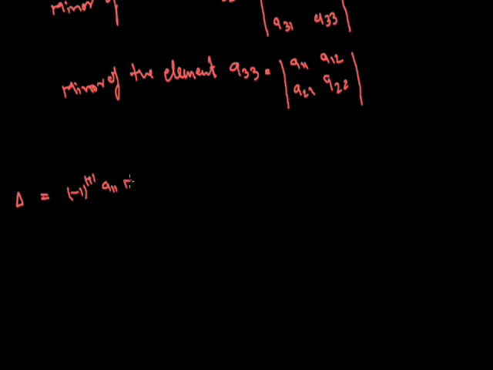So now the expansion of the determinant is minus 1 whole power 1 plus 1, A11, along the A11 the minor is M11, plus minus 1 whole power 1 plus 2, A12 M12, plus minus 1 whole power 1 plus 3, A13 M13. So we can remember it in that form.